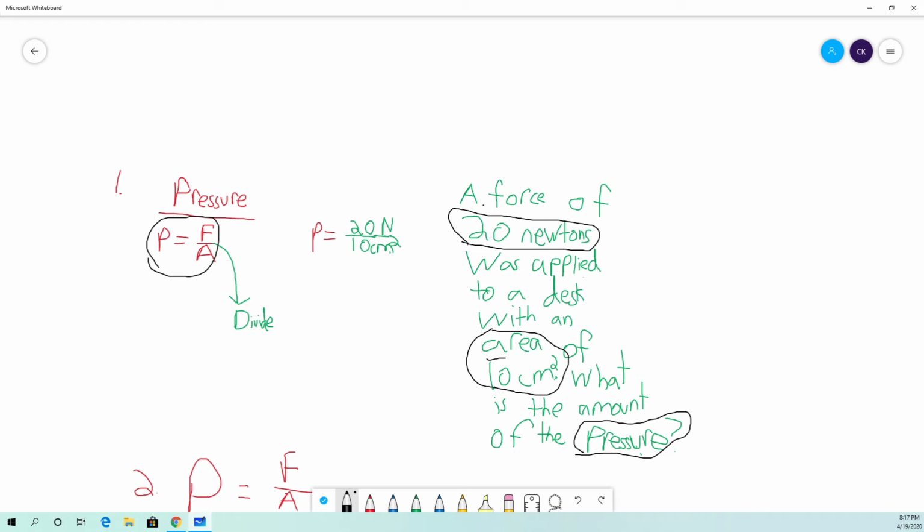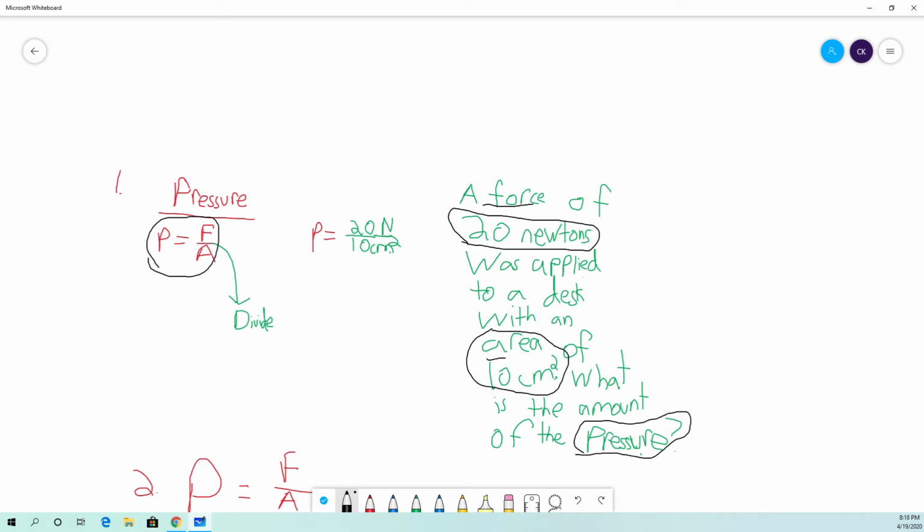Well, I can look for the keywords, a force of 20 newtons, so I know 20 newtons is my force, or I can also tell by the unit used. Because the unit is newtons, I know that this is going to be force. So I'm going to plug 20 where force would go, which is on top. I then see an area of 10 centimeters squared, so I'm going to put it where A would be, which is on the bottom.